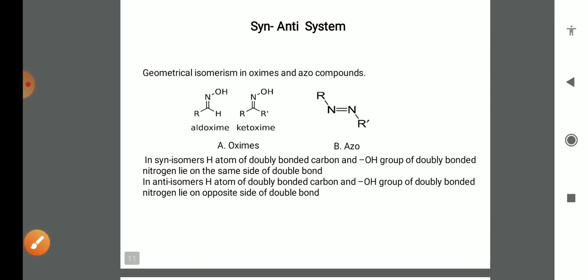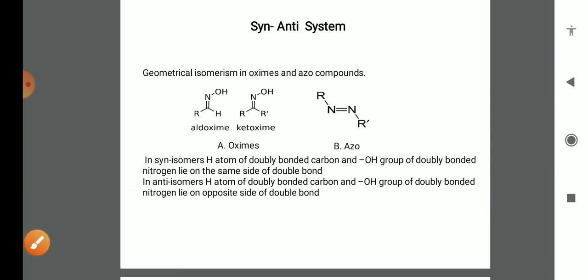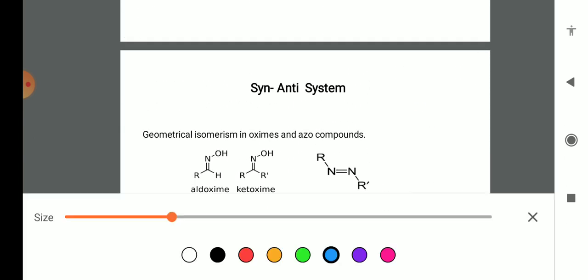Oximes are of two types, aldoximes or ketoximes. When this group is hydrogen, it is called the aldoxime. It means it's from an aldehyde. When both groups are R, it is called the ketoxime. Because what is the structure of the ketone? These are the structures.